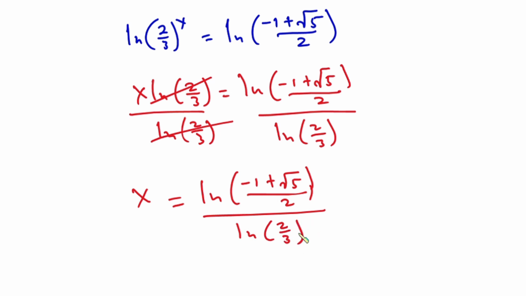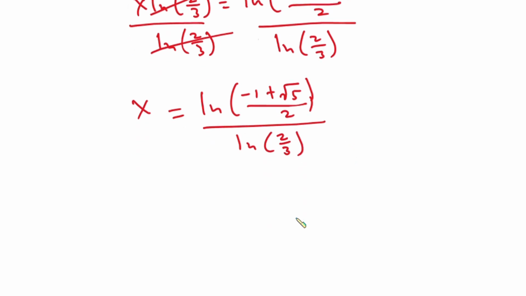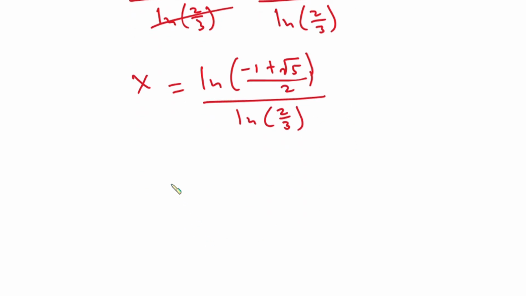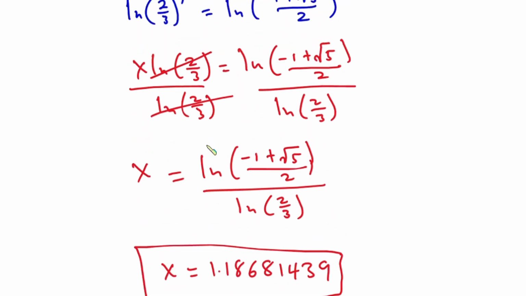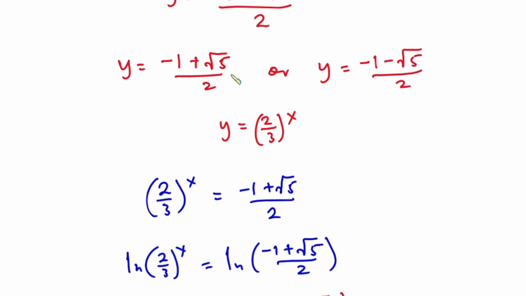Right? Now from here, you can straight away punch this into a calculator. So let me do that quickly. If you do that, we have x is equal to 1.186814339. So this is the value of x when y is equal to this whole thing, right?